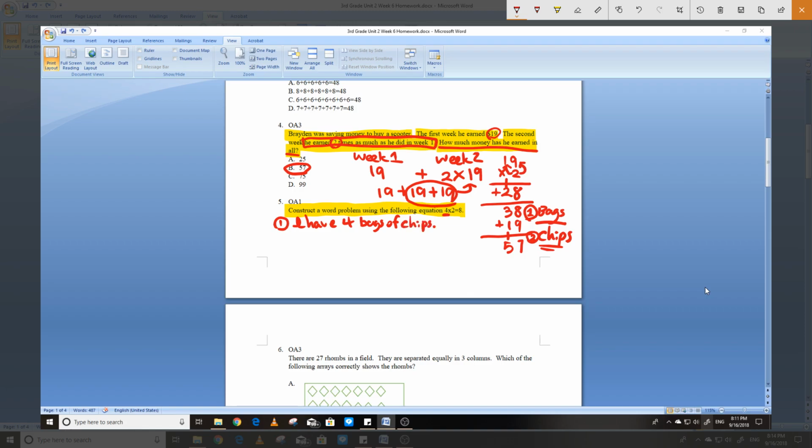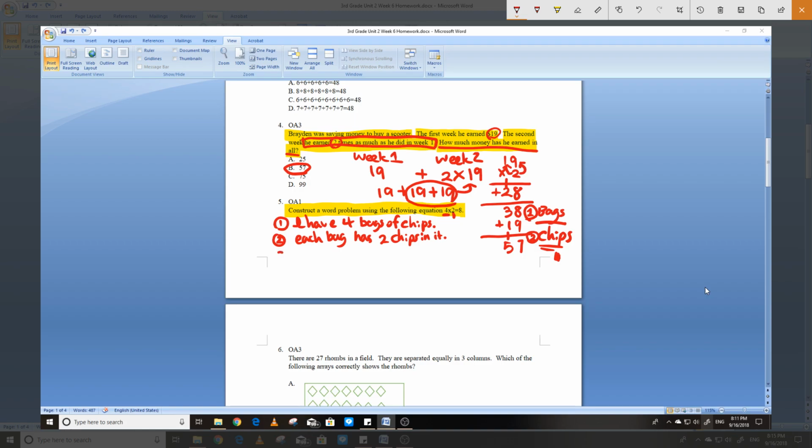Your second sentence needs to talk about the number 2 with the word chips. Okay? That's the main focus of the second sentence. So, what should you say? Each bag has 2 chips in it.